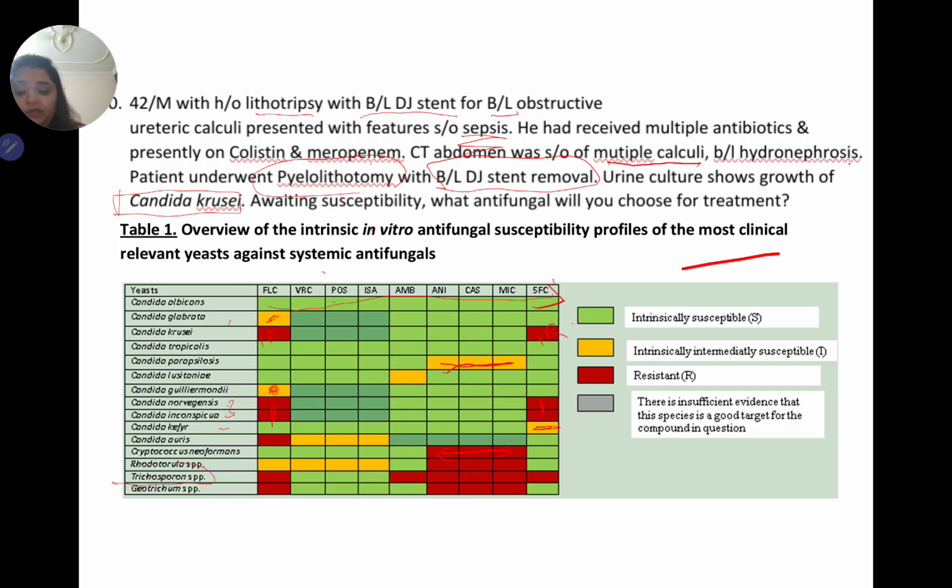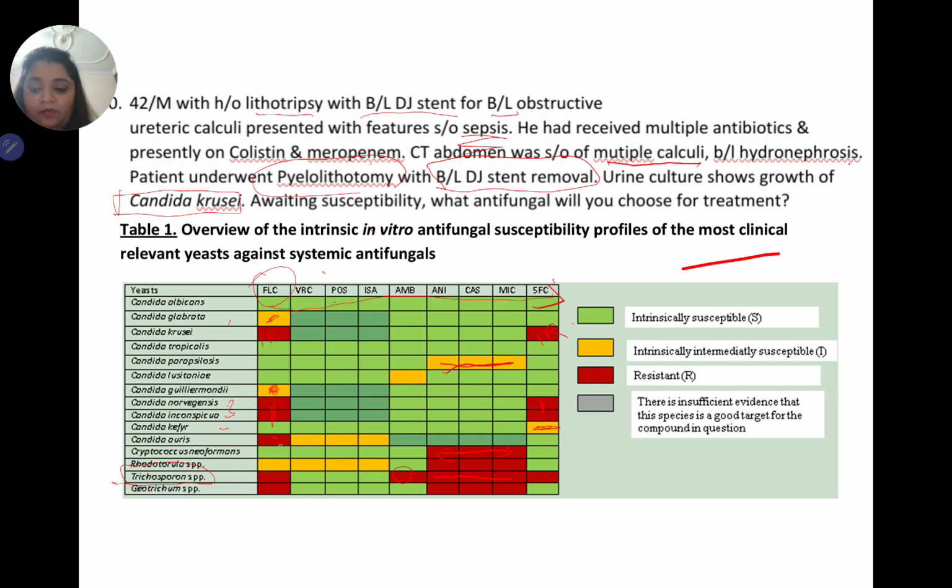And one more important, especially in urine isolates, is Trichosporon. These are intrinsically resistant to echinocandins, 5-flucytosine as well as amphotericin B. So important things which you need to know, especially when you're handling Candida, is the intrinsic resistance to fluconazole: Candida krusei, norvegensis, inconspicua, Candida auris, Trichosporon, Geotrichum.